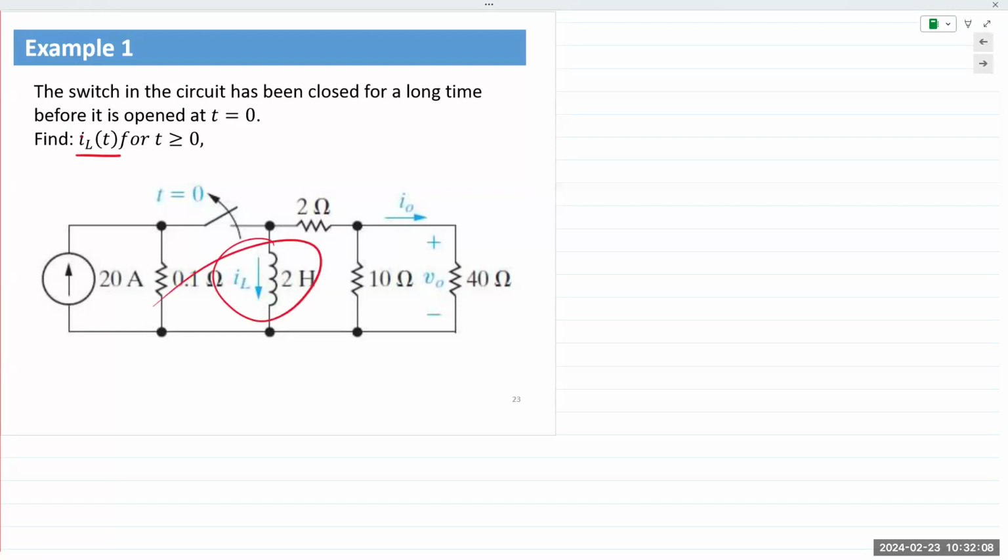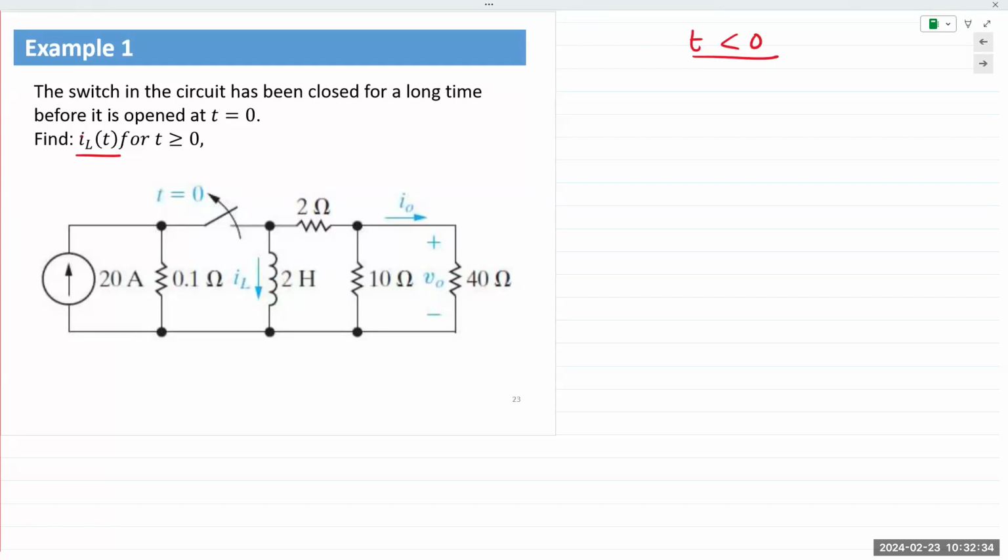Right here. It's asking to find an expression for iL, the inductor current, as a function of time after t equals 0, so t greater than or equal to 0. Okay, so we need to derive. So first thing is, I'm going to draw the circuit prior to time t less than 0.